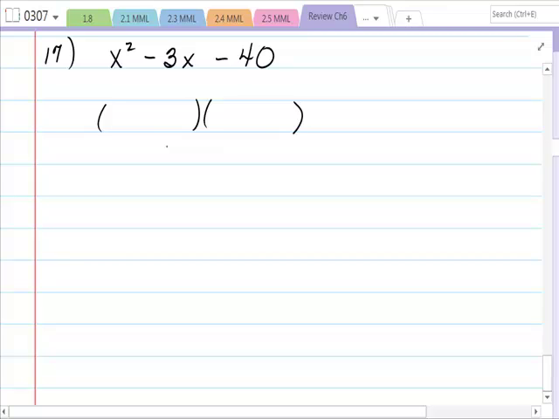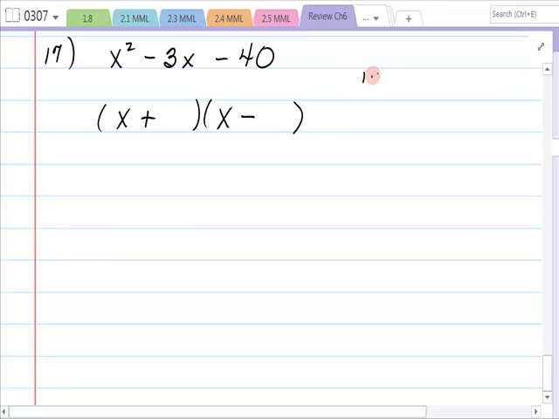Tell me about the signs. Plus and minus. Need an x and an x. I'm going to need factors of 40. What do those factors have to do? They have to equal minus 3. Will they equal minus 3 if I add them or subtract them? Subtract them because the signs are different.